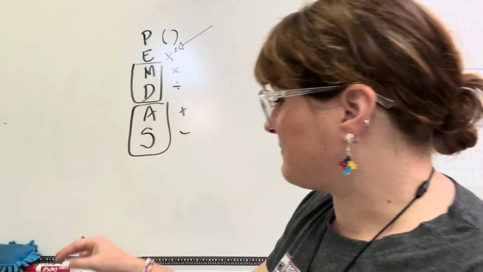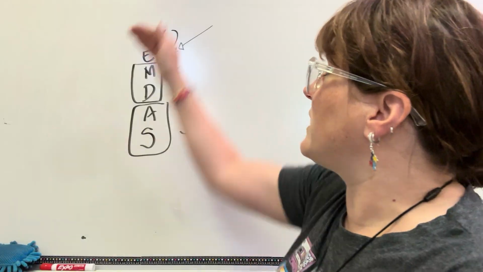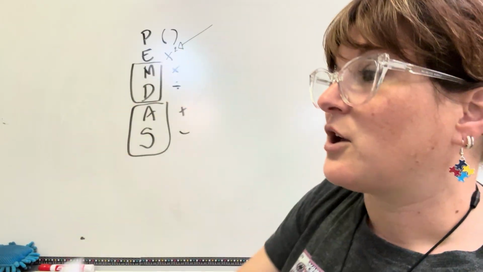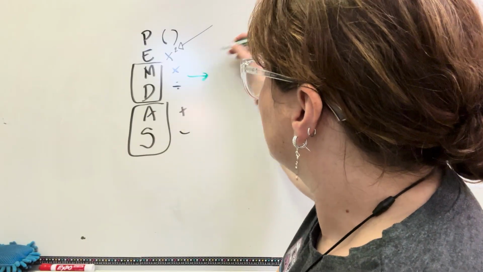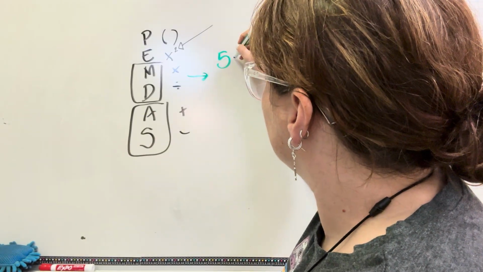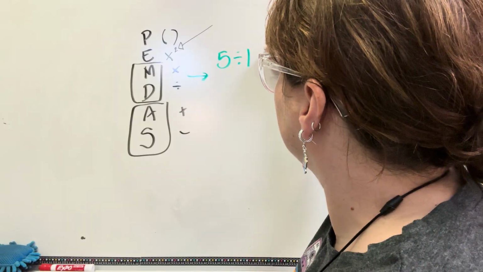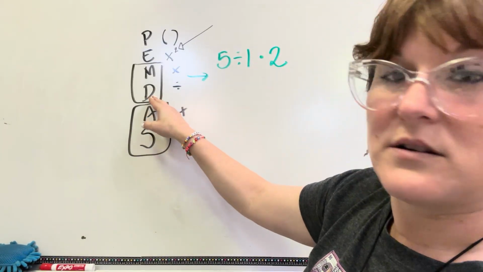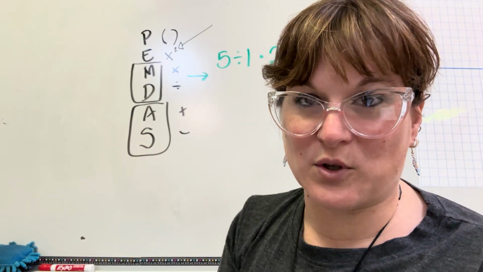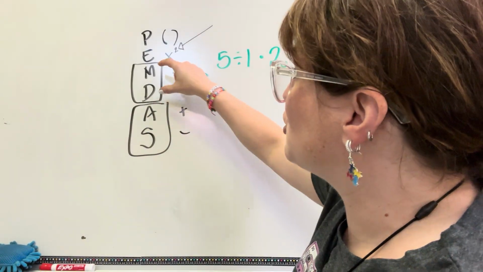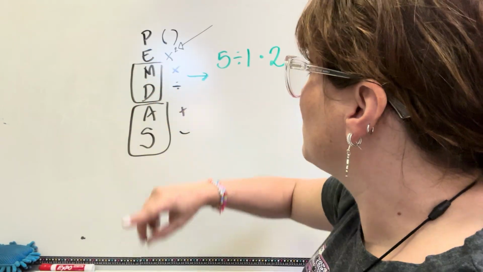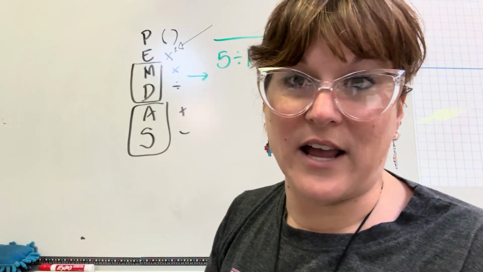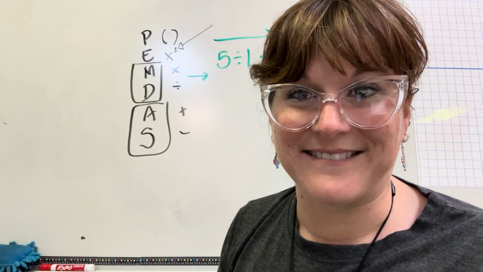The big thing that you need to know is once you've done these two and then you have multiplying and dividing, you just go left to right. So let's say it's 5 divided by 1 times 2. Division looks like it's after multiplication, but if it's just multiplication and division, you just go straight through. 5 divided by 1 is 5, times 2 is 10.